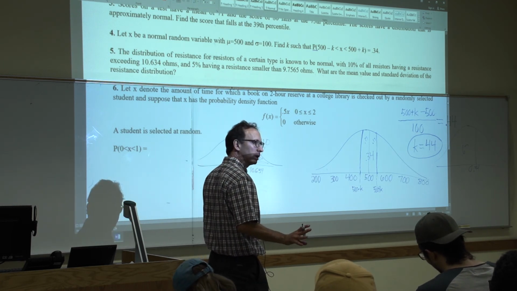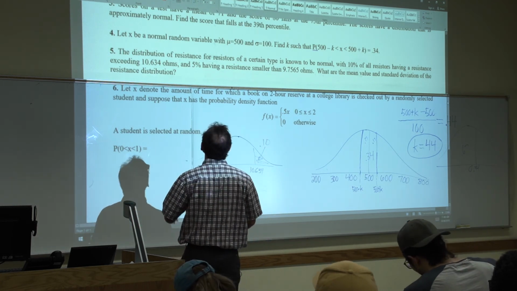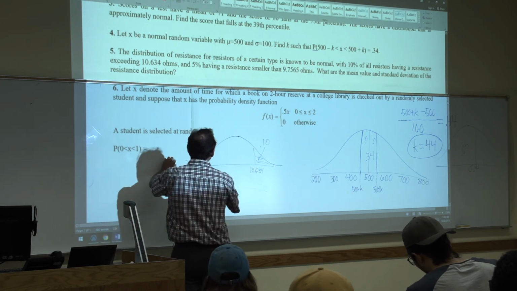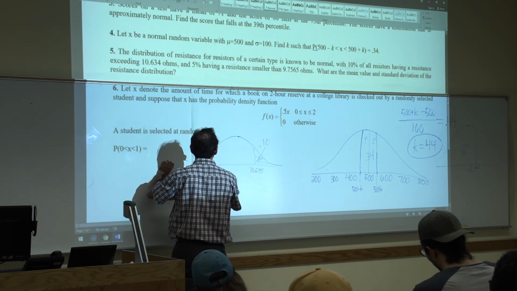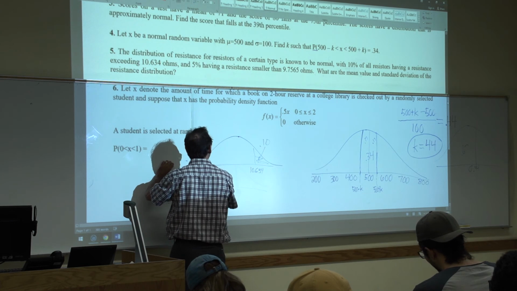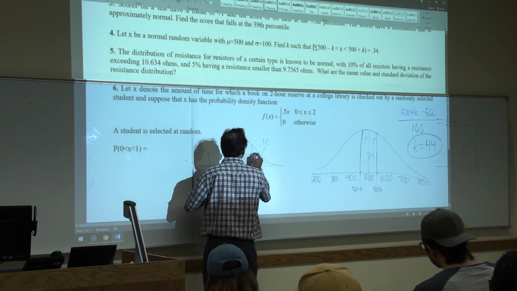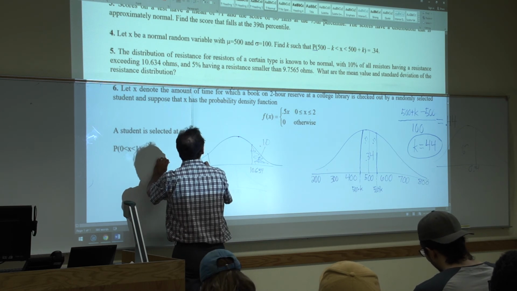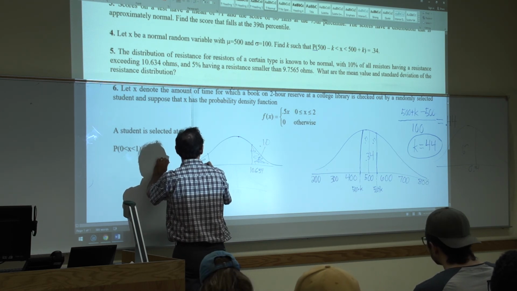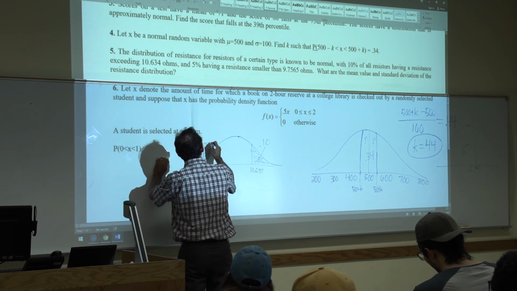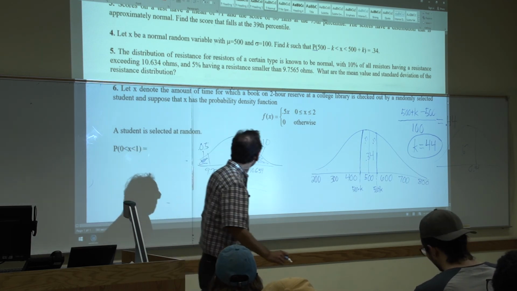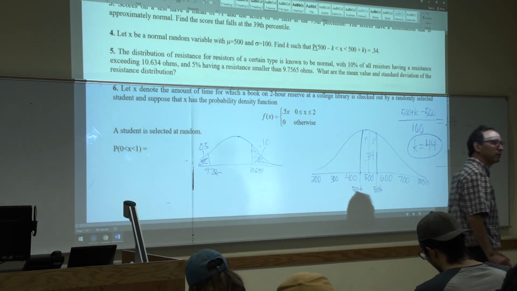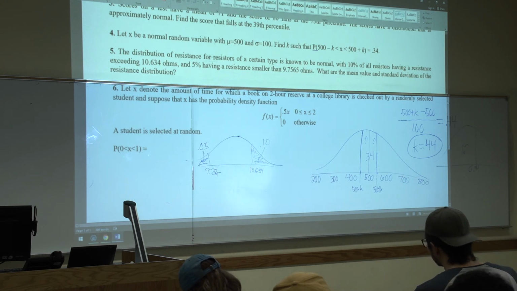And I also know that the area to the left of 9.7565 is what? Well, let's draw this out a little bit further here. This area here is 0.05, right? That's just what's given in the question.